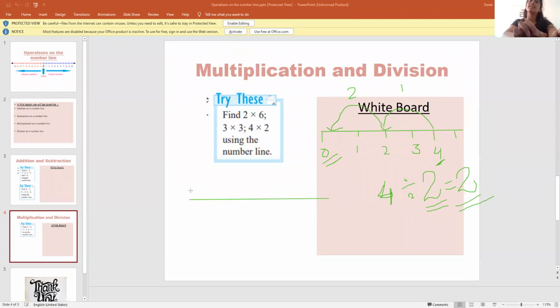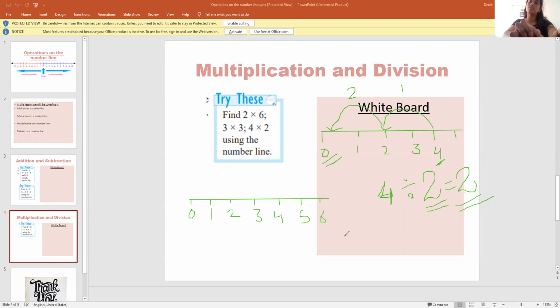So let's take another example, probably 6 divided by 2. So let's start. You have 0, 1, 2, 3, 4, 5, and 6.